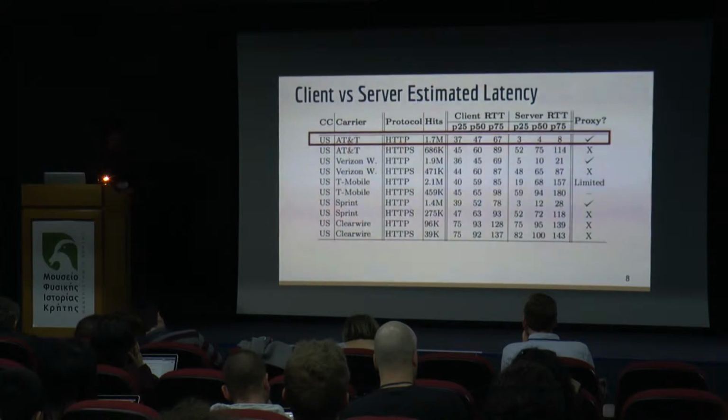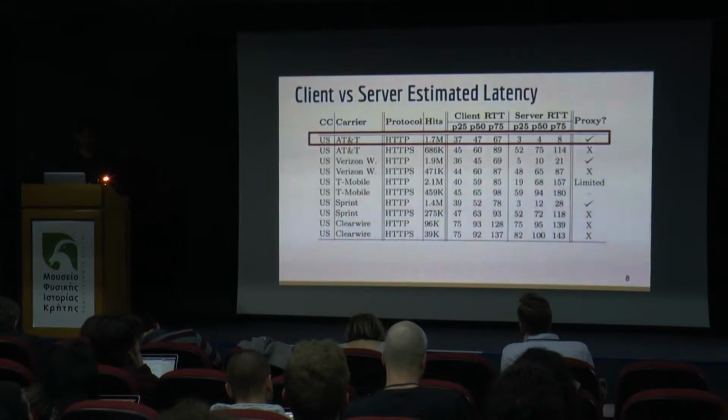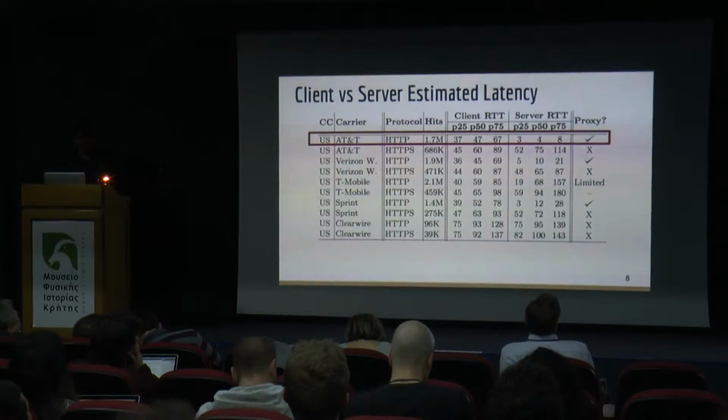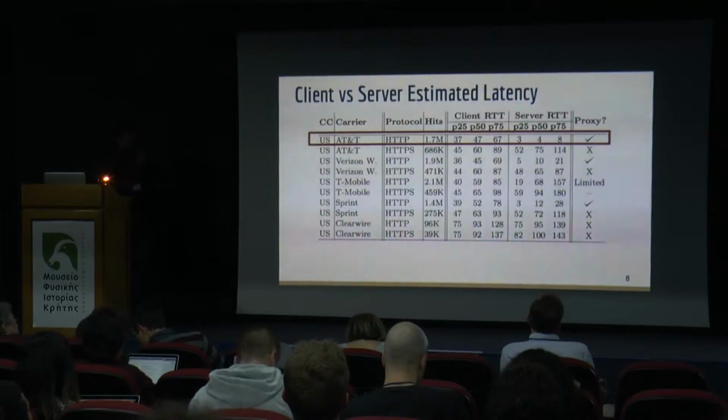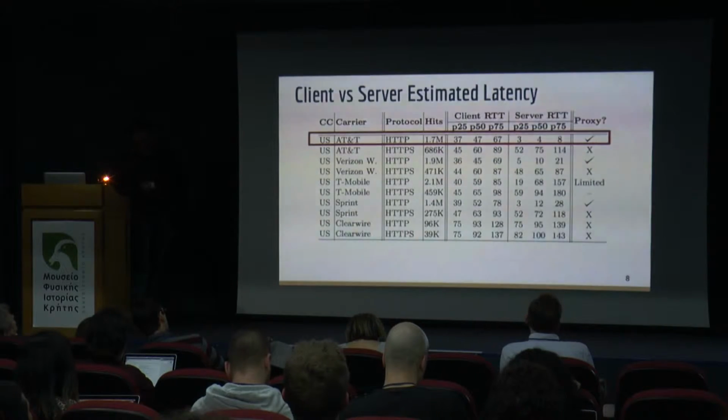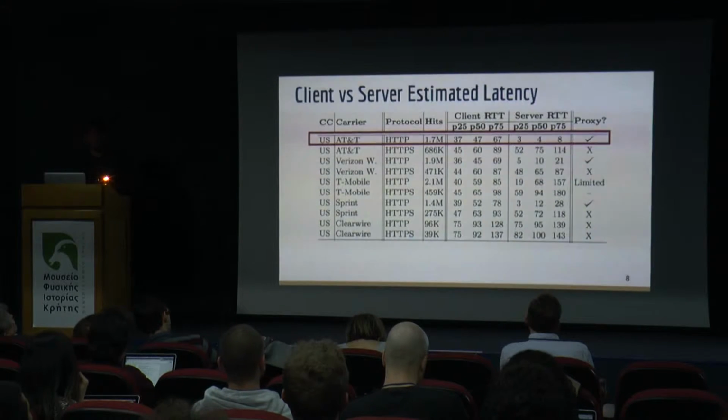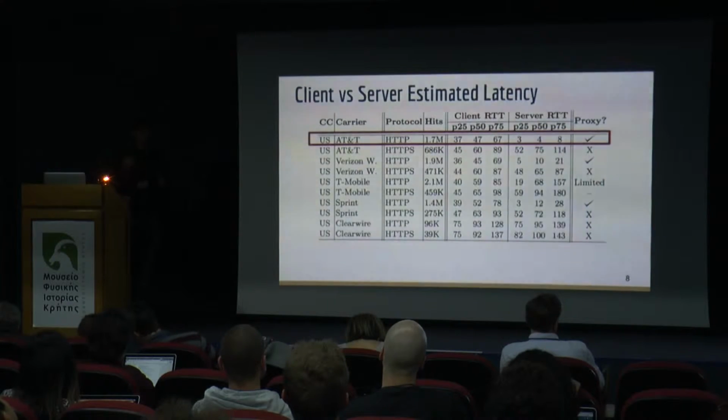Looking at AT&T data for HTTP, we see a huge difference between what servers estimate as latency and what clients estimate. Given that 3 milliseconds of latency at P25 is too low to happen on the wireless link, we say that there is a middlebox to which Akamai servers are talking.